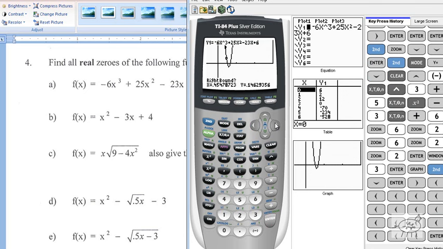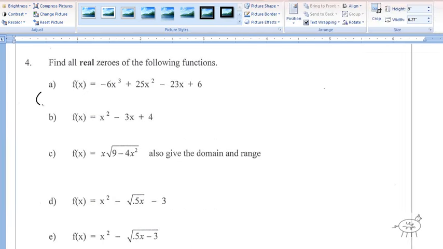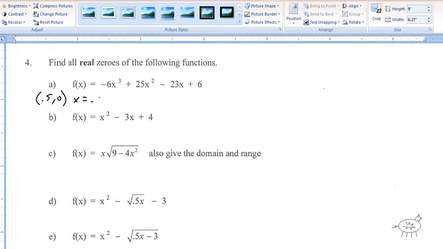Enter. There, okay, and then right bound, enter. And so there it is. It's 0.5 comma 0. So it's pretty sweet. So let's write that in here. 0.5 comma 0. Okay, and of course you can just write, the zeros are really just x equals, we're looking for really x equals, right? X equals 0.5, so I'll just write that down.